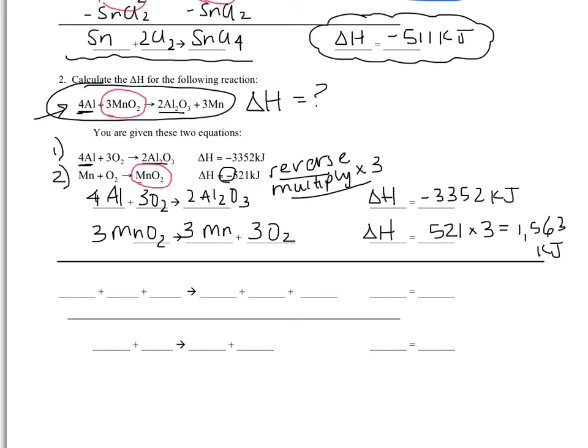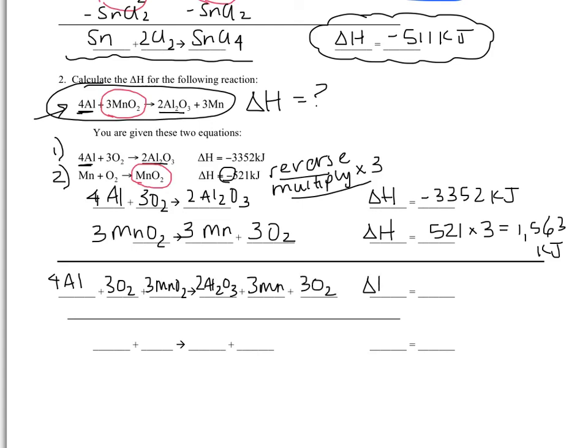So I now add everything together just like I did last time. So I have 4 aluminums, I have 3 O2s, I have 3 MnO2s. That's over on my reactant side. And then on my product side I have 2 aluminum oxides, I have 3 manganese, and I have 3 oxygens.